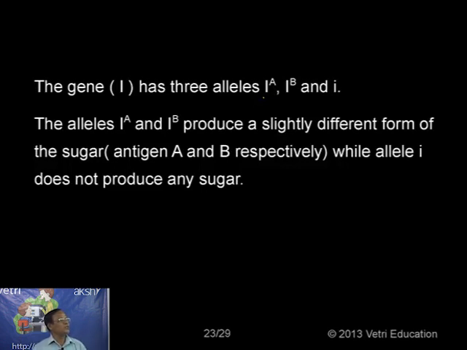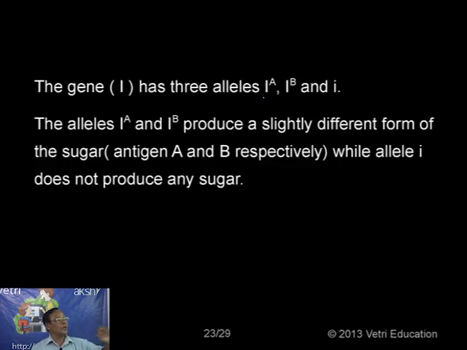Now this IA gene produces the antigen A, a kind of sugar polymer, and the IB gene produces antigen B, also a sugar polymer, whereas this recessive gene, the small i, doesn't produce any sugar. That is why people having two i genes have no antigens at all. They are considered as O blood group.